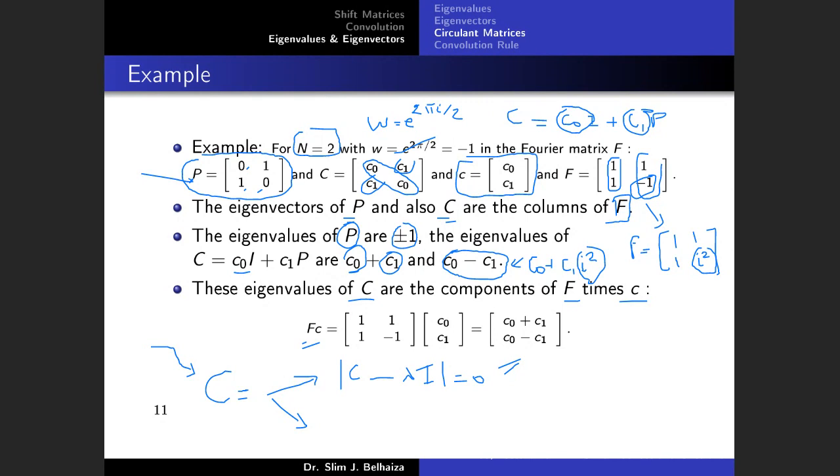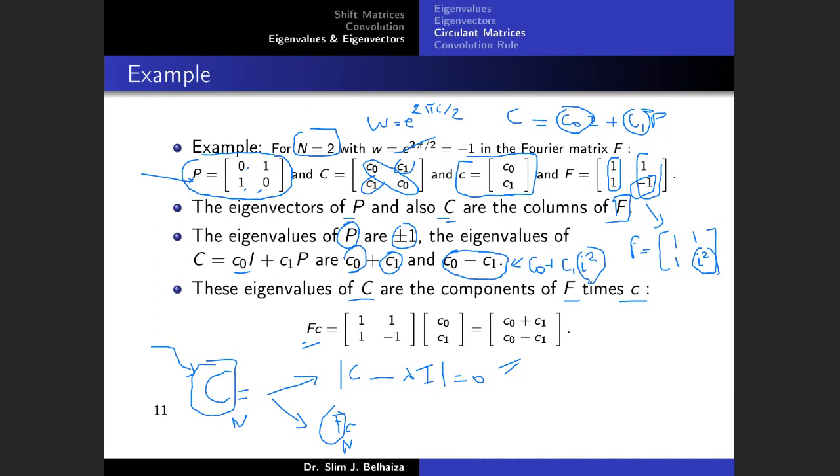Now, if I'm having a circulant matrix, what can I do? To find the eigenvalues, I just need to compute the product F by c. Of course, now I need to understand what is the corresponding Fourier matrix of the same size as our circulant matrix. So you need to multiply F_n by c.